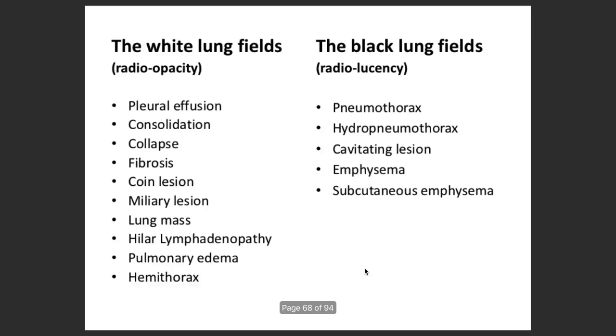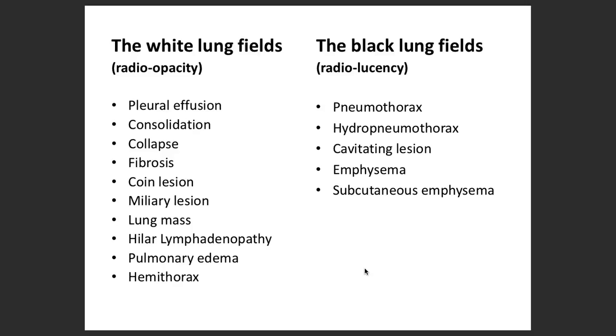So, being cardiologists, yes, we are concerned about the heart, but what about the lung? Lung can also have some common problems which are seen in day-to-day life as well. So, I have tried to include them as well. If you remember, I was talking about the radiopacity, the whitishness, or the radiolucency.